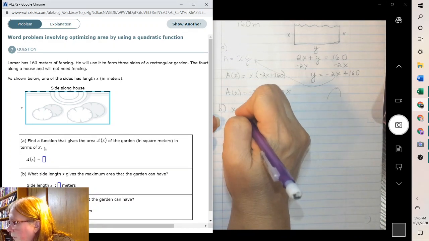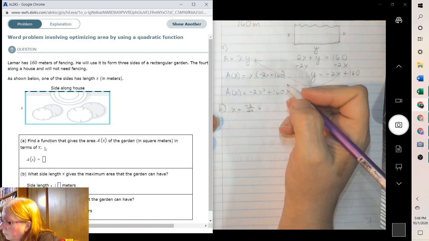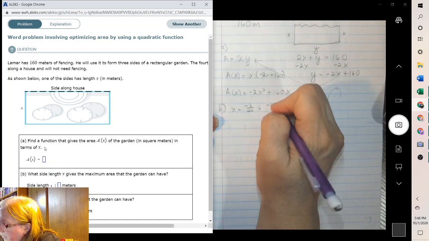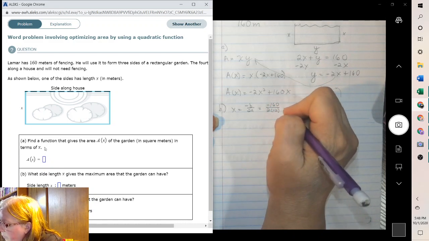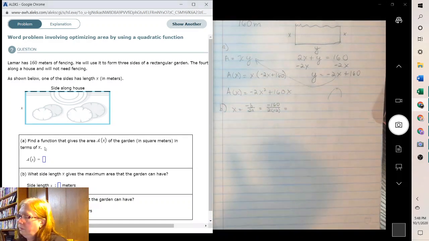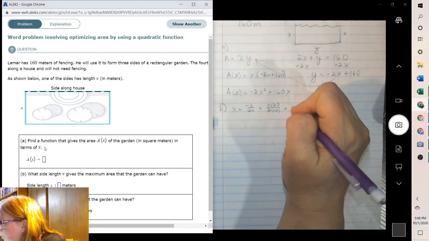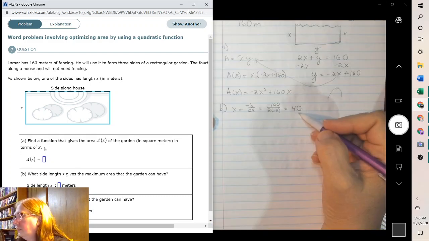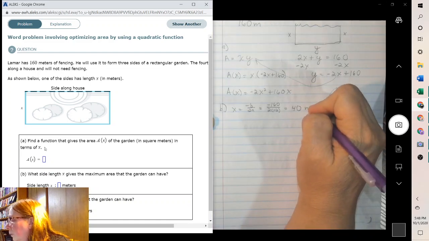And so x equals negative b over 2a. B is 160 over 2 times a negative 2 is 40. So x equals 40 would give us our maximum, and that's in meters.